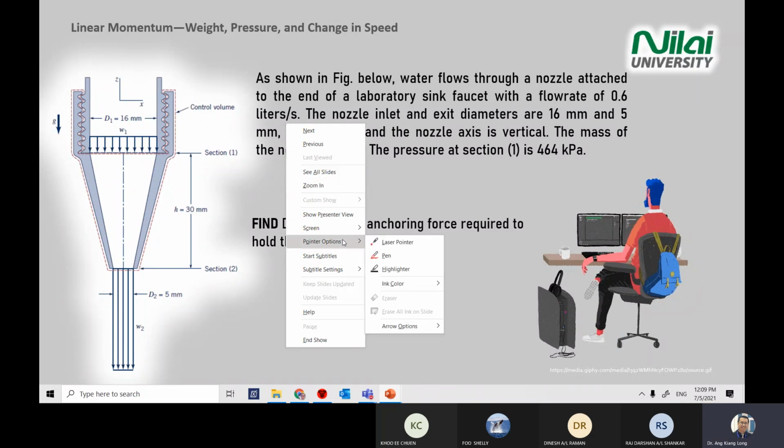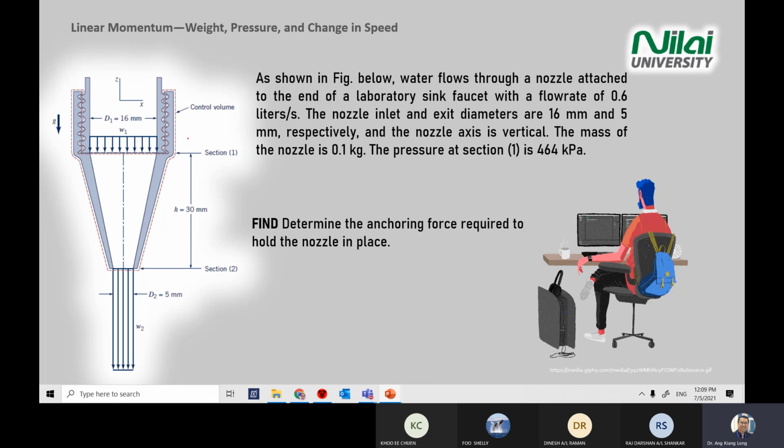Now in this chapter, when you do a question on linear momentum, there are some steps you can follow. First, draw your CV like usual. You draw your control volume. If the question already gives it, then you just trace the shape and put it in your answer sheet.